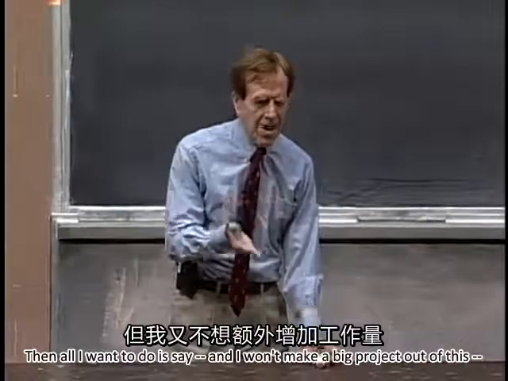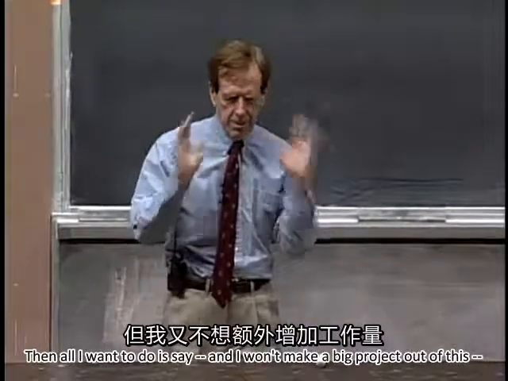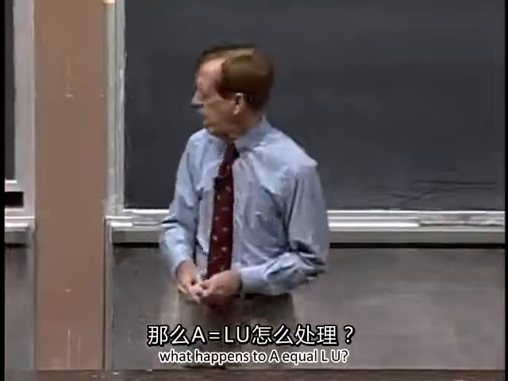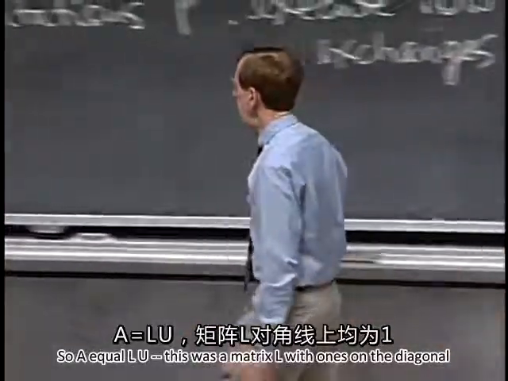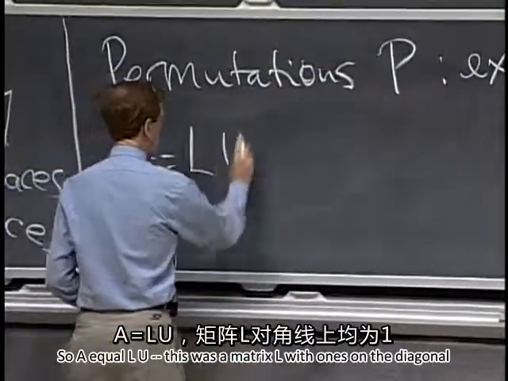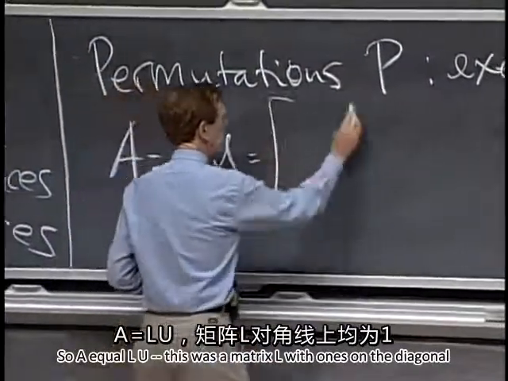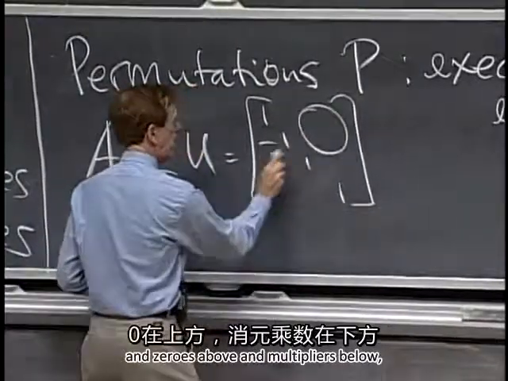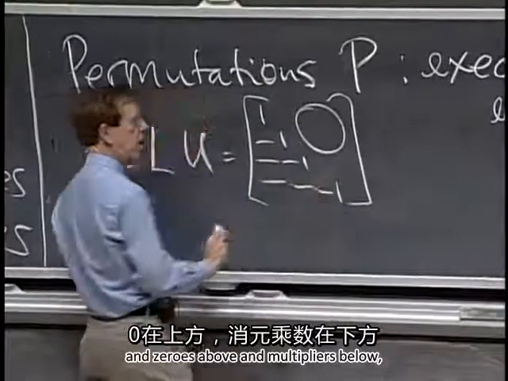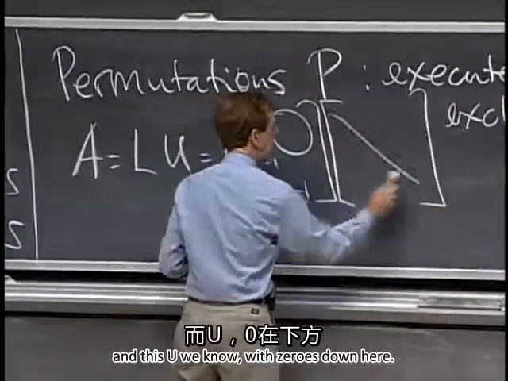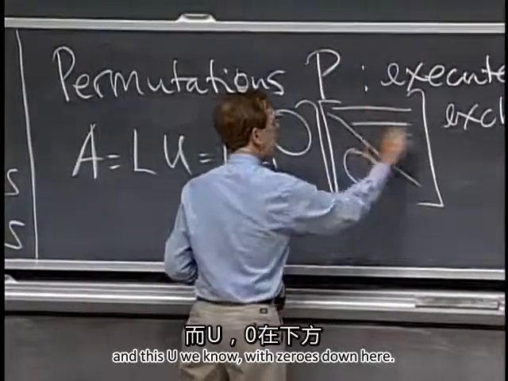Okay. Then all I want to do is say, and I won't make a big project out of this, what happens to A equal LU? So A equal LU, this was a matrix L with 1s on the diagonal and 0s above and multipliers below, and this was U, we know, with 0s down here.